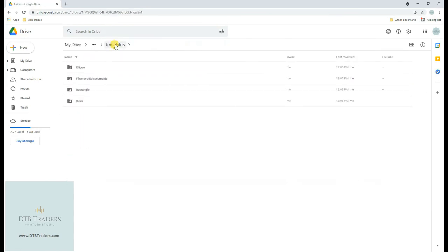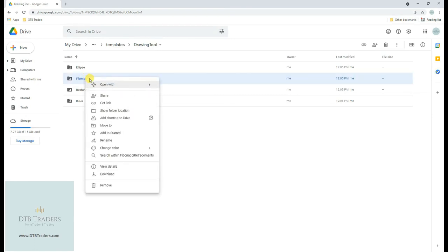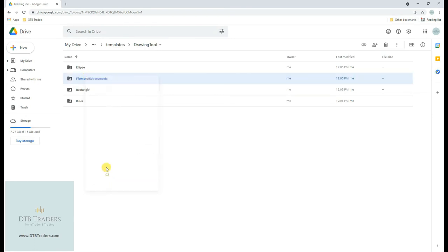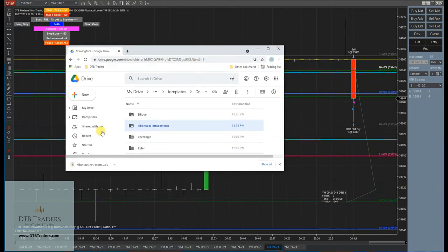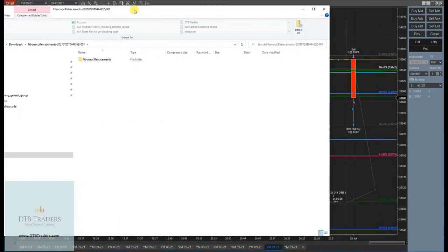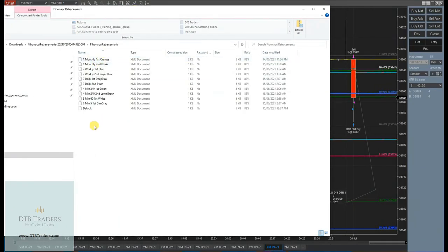If you don't have a folder in your templates, just copy or download this folder for the Fibonacci retracements, because that's going to give you the templates for all these colors and so on. Once you download it, it's going to look like this, and then there are all your Fibonacci retracements.